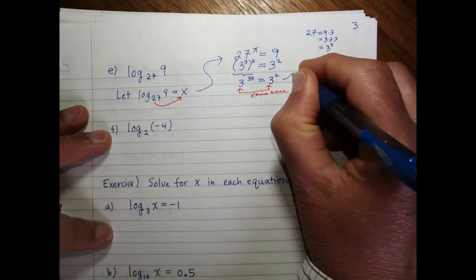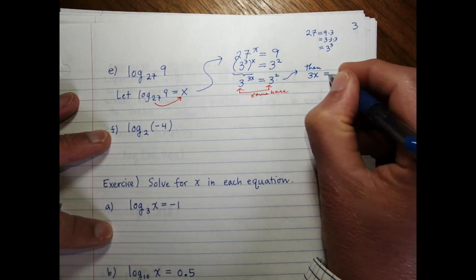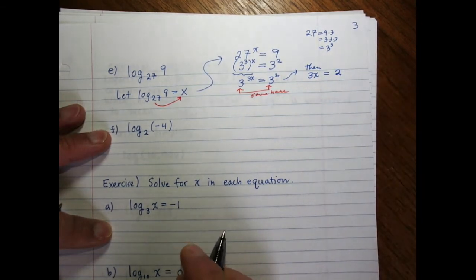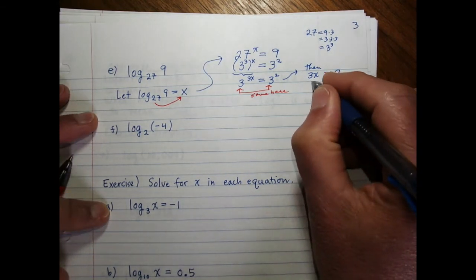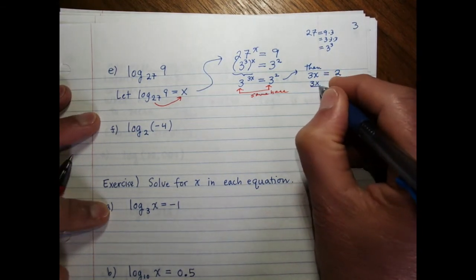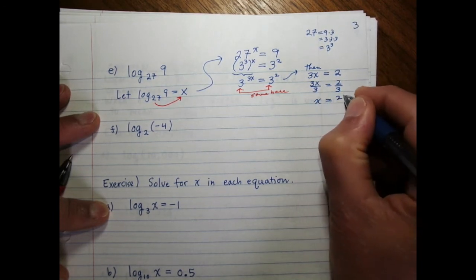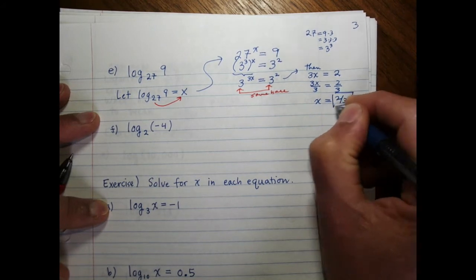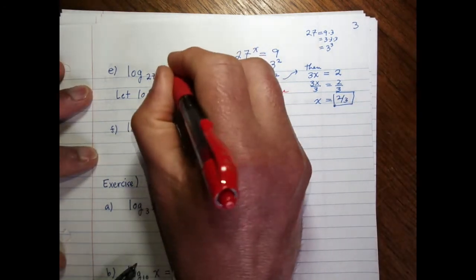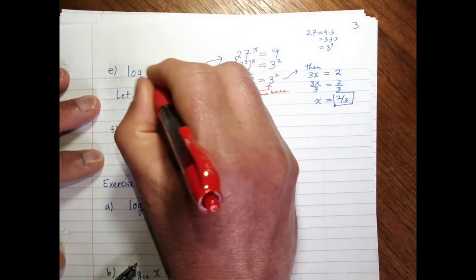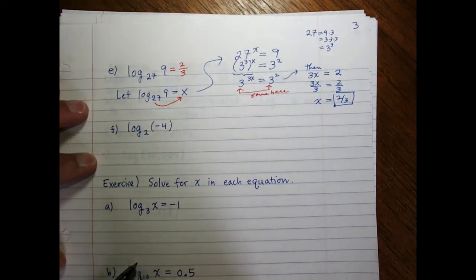So then the exponents have to be equal. 3x has to be equal to 2. Now here I don't have my answer yet. I have a little bit more work involved to solve. I've got to divide both sides by 3 to isolate x, and I get x is equal to 2/3. 2/3 is our answer. This original log expression, log base 27 of 9, is equal to 2/3.